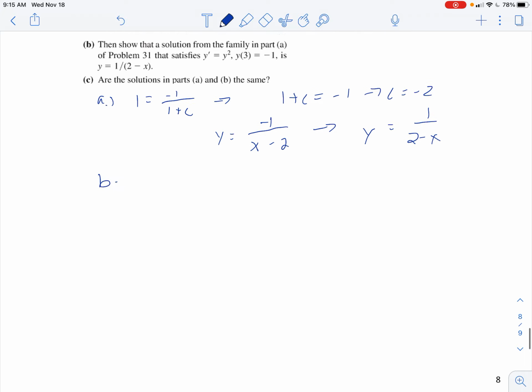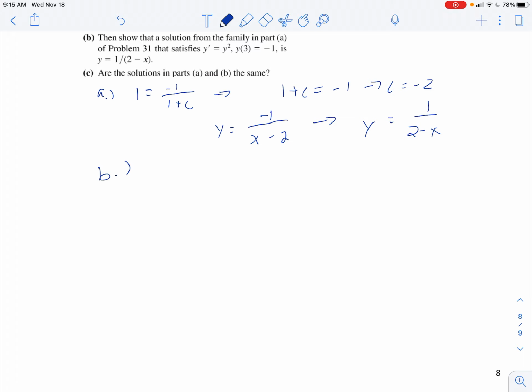If we do B, we'll do the same thing. We're going to plug in, but this time we're going to plug in 3 for x and -1 for y, so -1 is equal to -1 over 3 plus c. Bring over the 3 plus c and multiply, get -3 minus c is equal to -1.